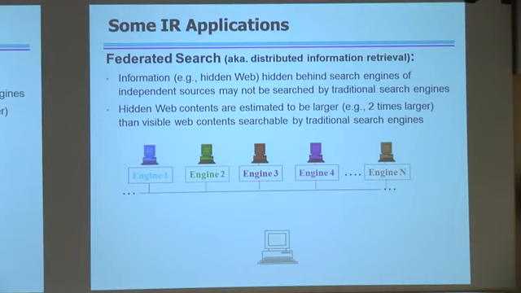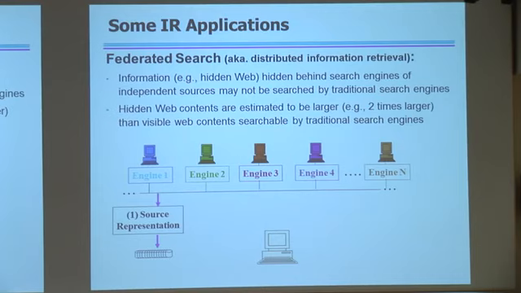On the other side, they create their own search engines so that information stays behind their own search engines. There are a lot of examples, for example, digital libraries. In these cases, we have to solve the search problem when the information is physically distributed across different information sources.